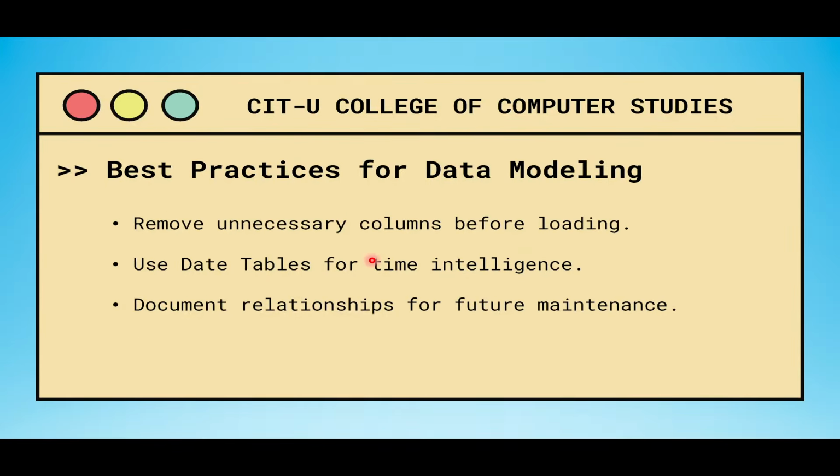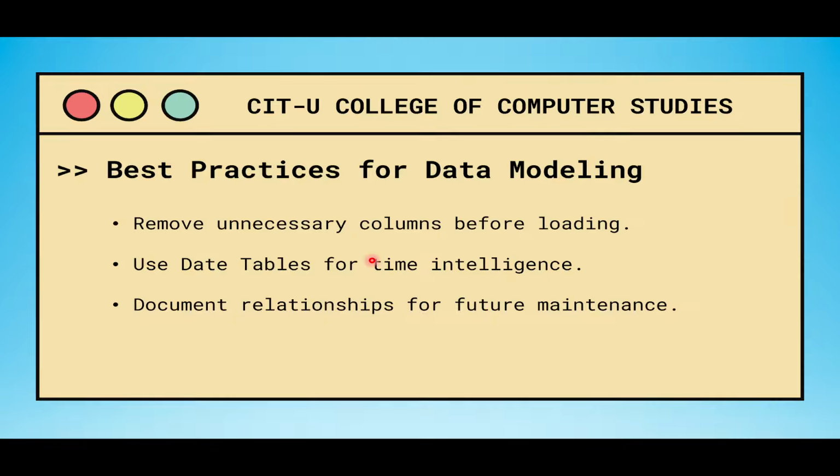So remove unnecessary columns before loading. If it's not needed, just remove the columns because it also consumes space in our data model. So the lesser the size, the lesser the space of the model, the better.